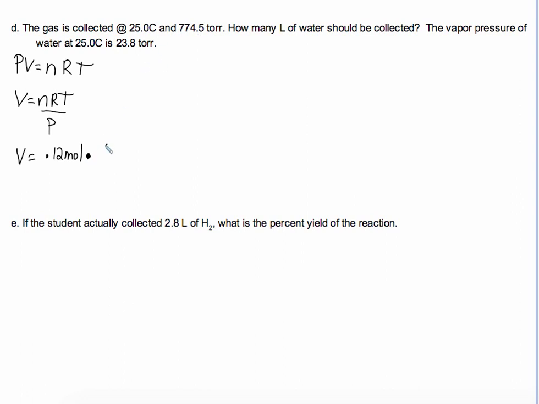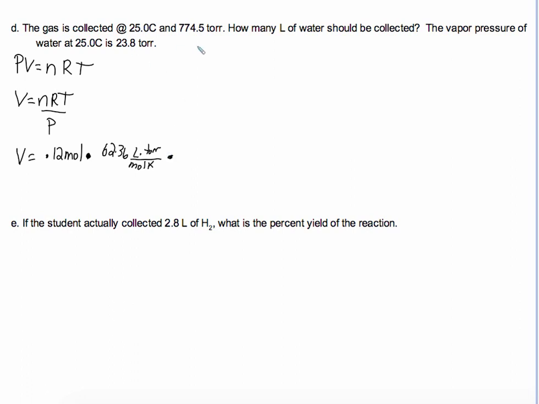So we have a pressure in torr, so we're going to use the torr one, 62.36 liters torr over moles Kelvin. Now the good thing about the gas law constant R, it tells you what units everything needs to be in. So our pressure will need to be in torr and our temperature in kelvins.